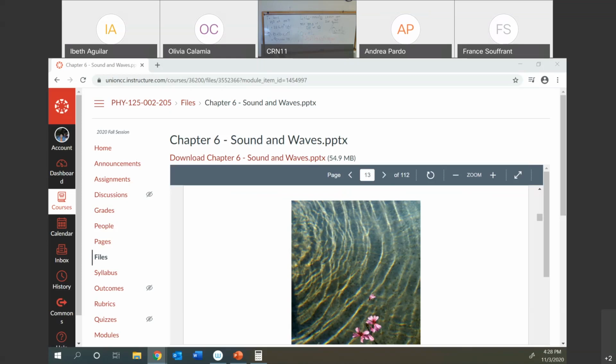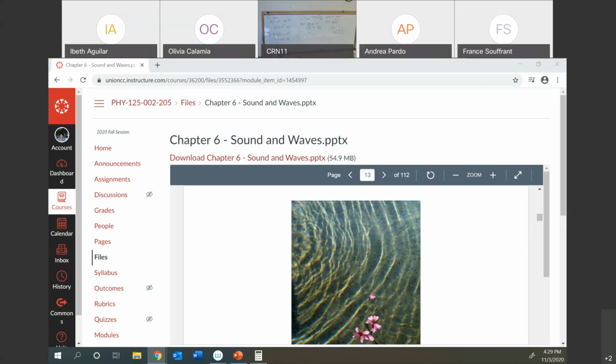But we discussed that in sound because you can hear it, right? So you can do that with tubes and water. And we use resonance also to measure different speeds, speed of air, for example, or even the speed of sound in water, right?